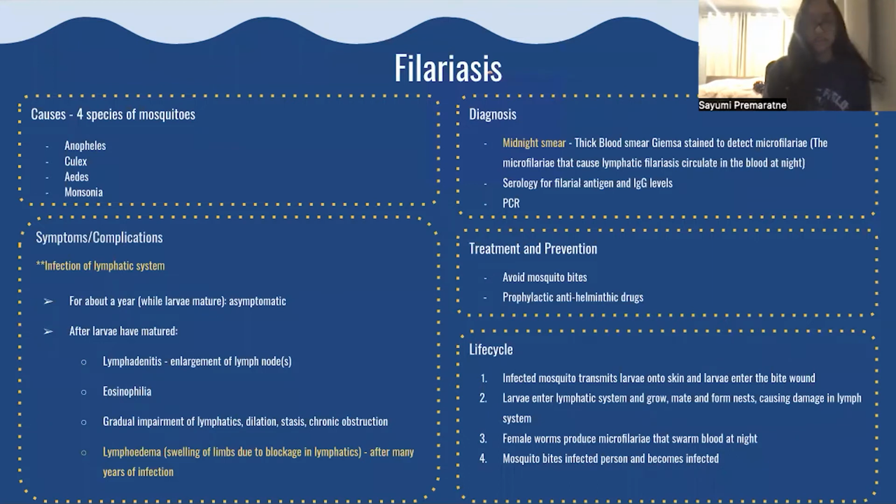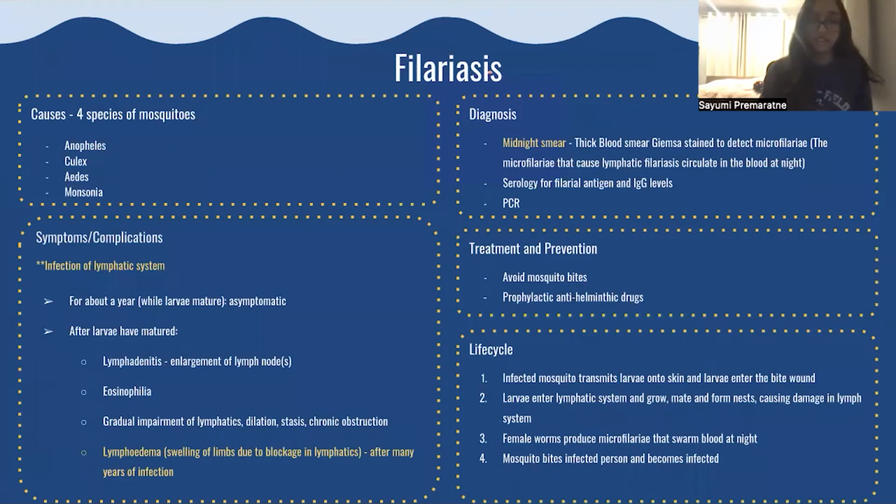You can get eosinophilia, which, if you remember from a few weeks ago, eosinophils will help to combat parasitic infections specifically. That's why they would increase in number. And then you will get a gradual impairment of the lymphatics, and you can get obstruction because you have a bunch of parasites obstructing the circulation.